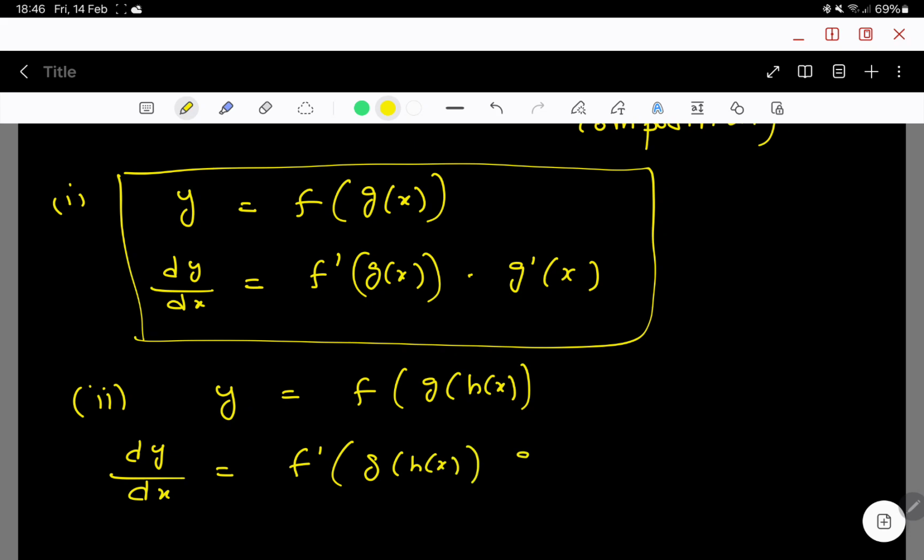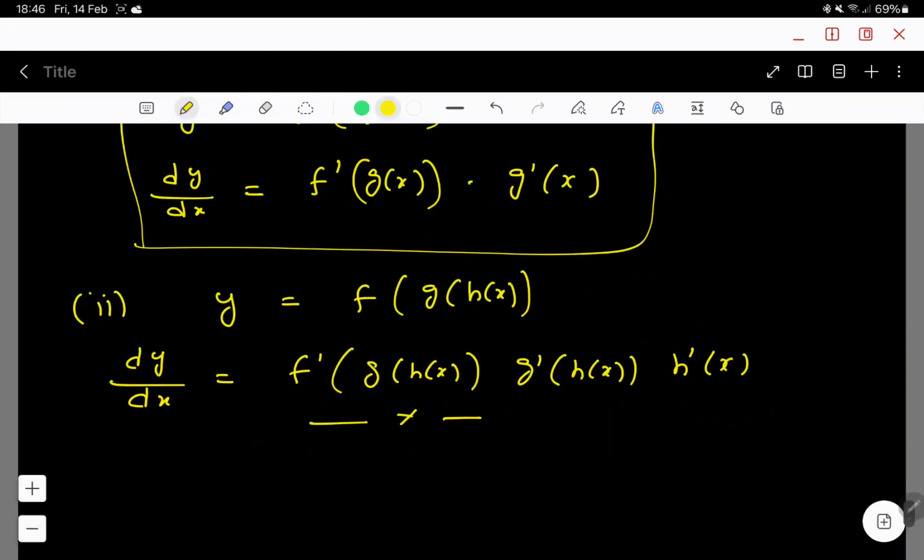Next to differentiate g dash of h of x. Finally differentiate h of x, h dash of x. That's all. Okay, etc. This rule is called a chain rule. Okay.